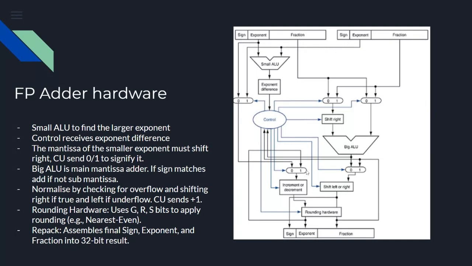If not, we'll shift left if it's an underflow. Furthermore, there'll be rounding hardware with the guard, round, and sticky bits to apply rounding, rounding it to the nearest even, and at the final part, we'll repack it all together to get the new number with the sign, exponent, and fraction, resulting in a 32-bit number.